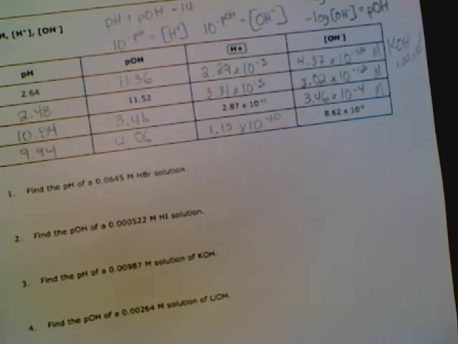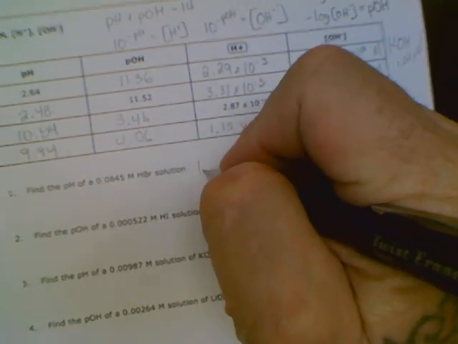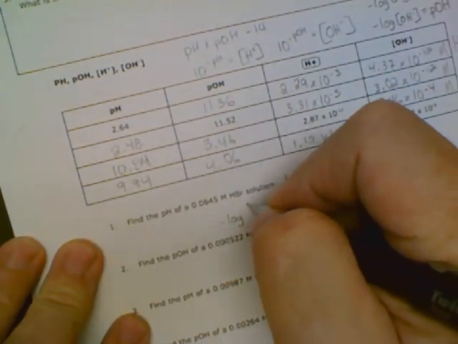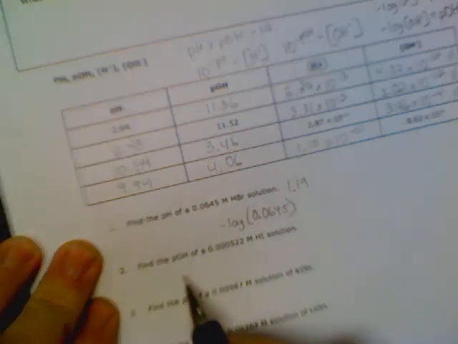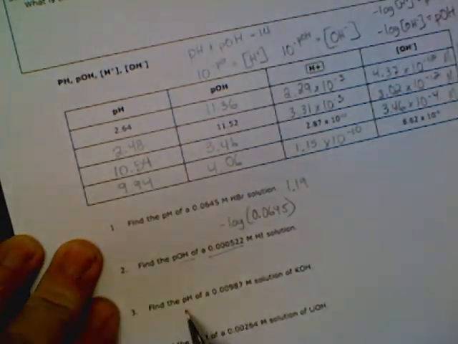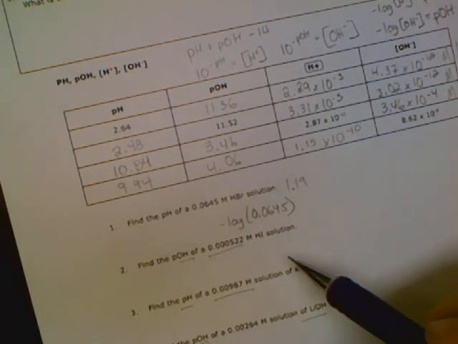So if I take the negative log of that concentration, 0.0645, I get a pH of 1.19. And you just have to know whether they're giving you a base or a pH or a pOH and what other part they're asking you for.